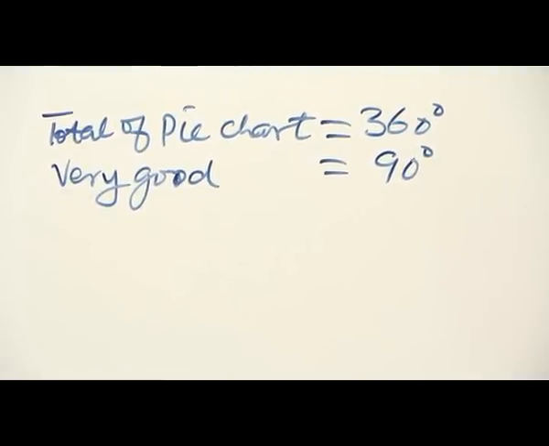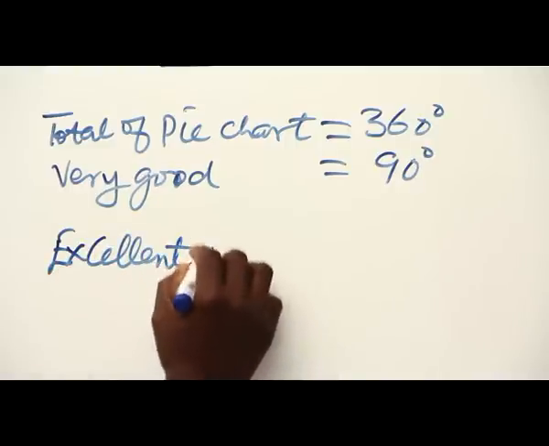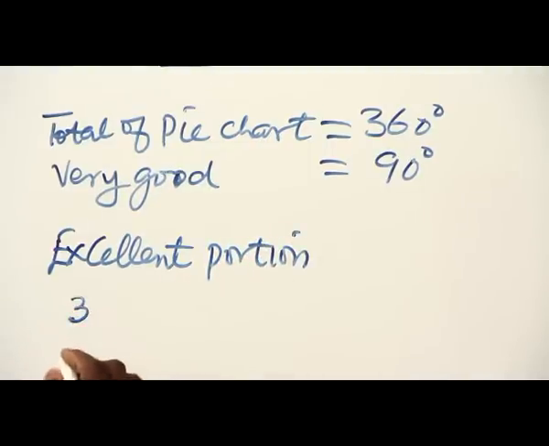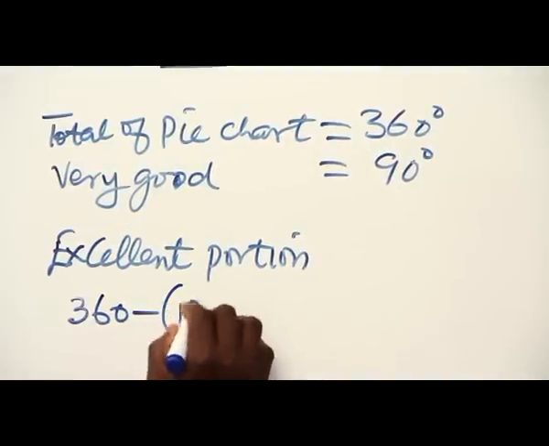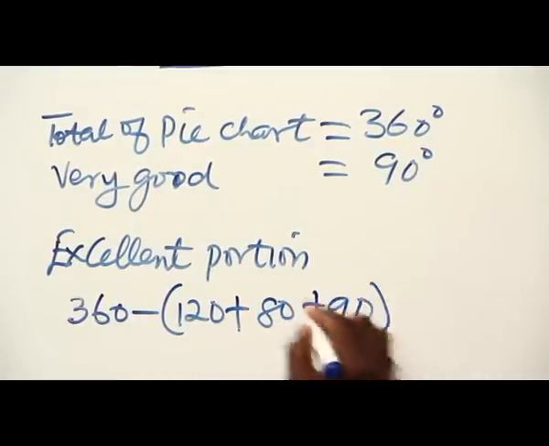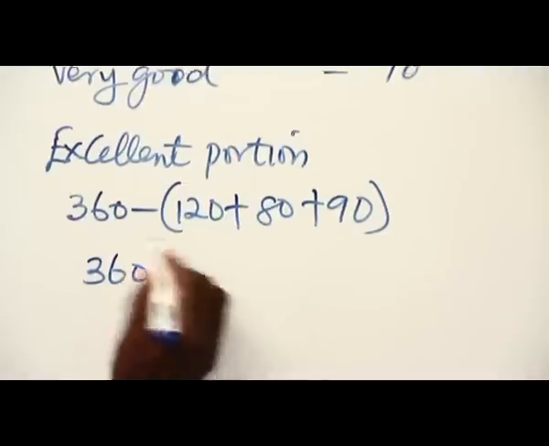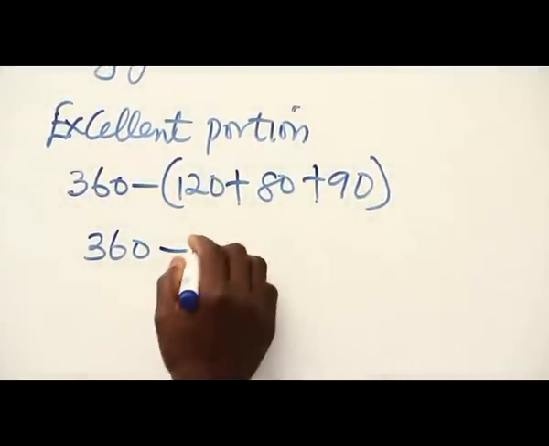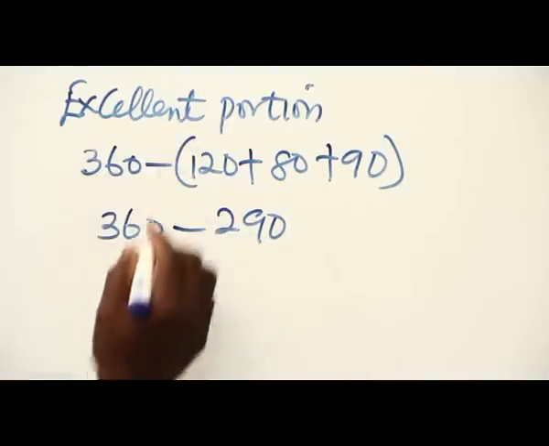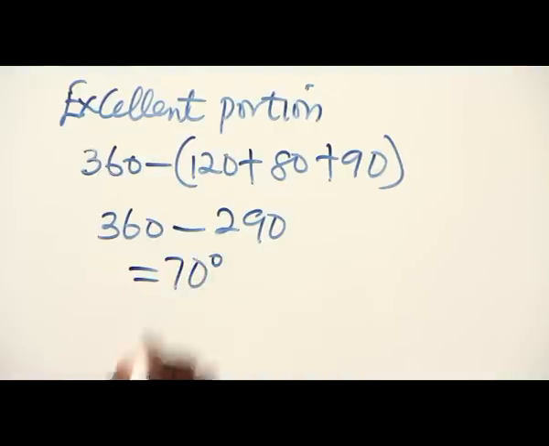Then the portion for excellent, we give 360 minus 120 plus 80 plus 90. If you add all this together, it gives you 290. So the angle for excellent will be 70 degrees.